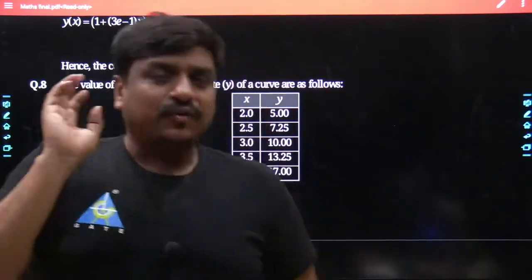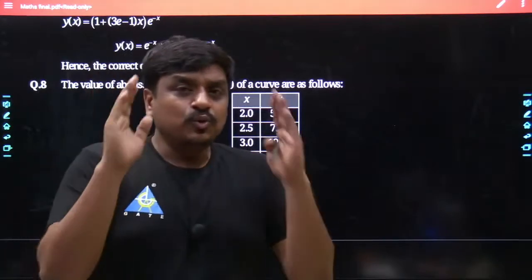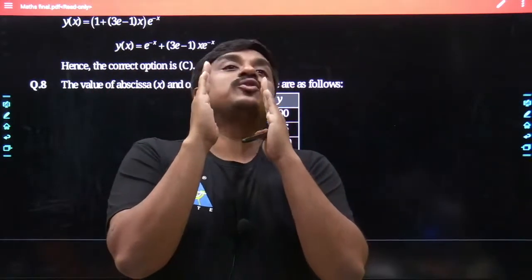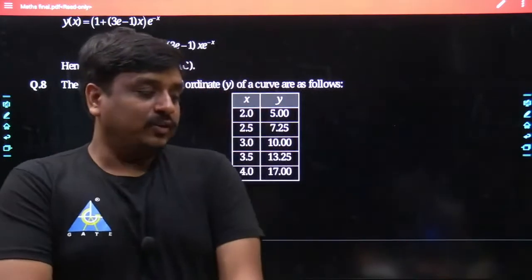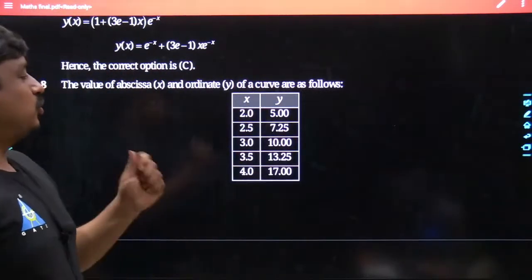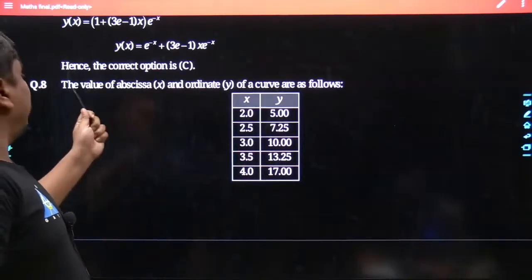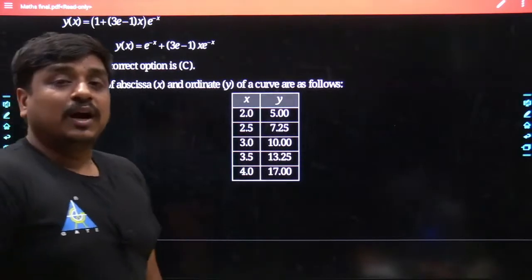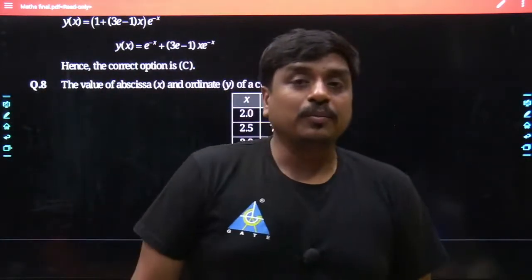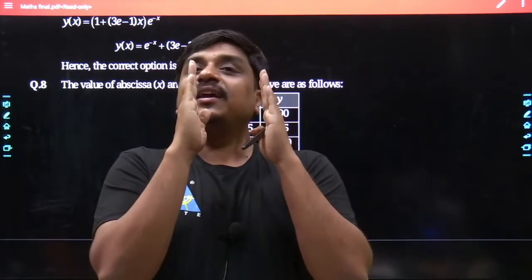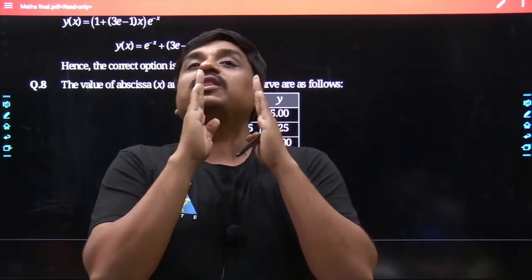So in case of trapezium method, we used to take linear approximation between 2 points over the function. But in case of Simpson's 1/3 rule, I use a second degree polynomial for the better approximation. What I say, I use the second degree approximation between these 2 points.